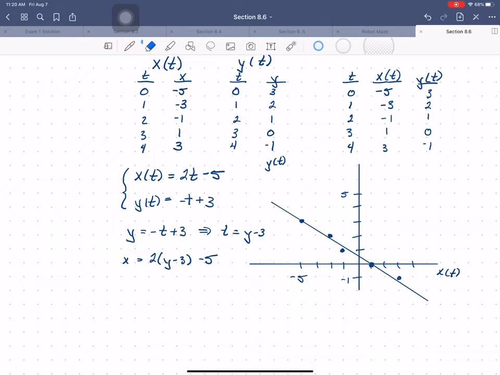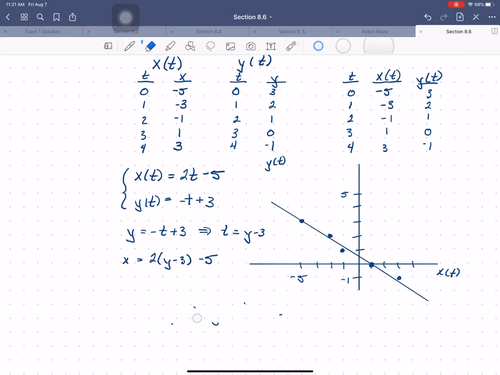So I'll solve this for y. So I can get x equals 2y minus 6 minus 5, which means that x plus 11 equals 2y. So we would actually write that as y equals 1/2 x plus 11 halves. Oh, I screwed that up, people.